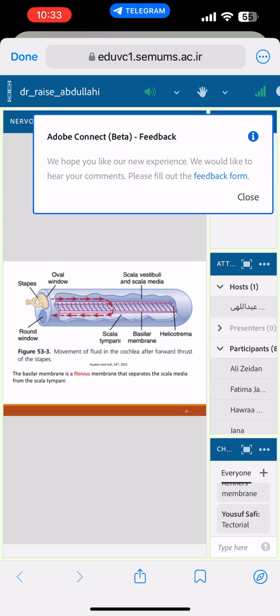And as you can see, this is the basilar membrane.